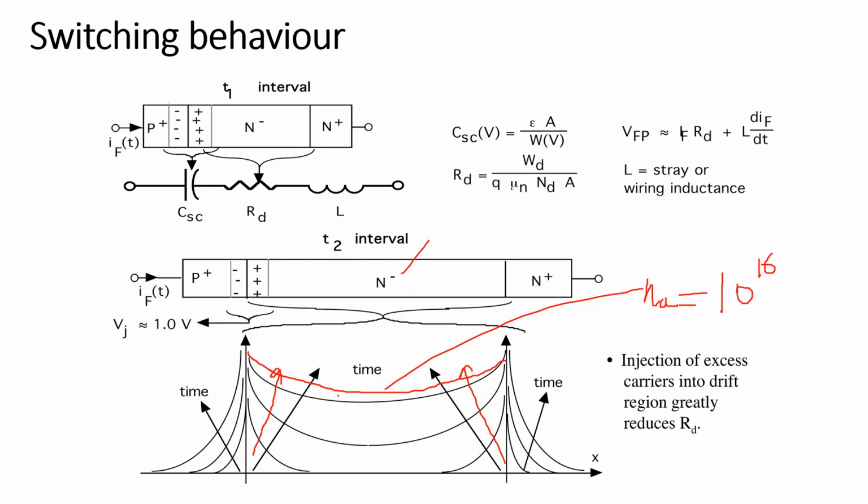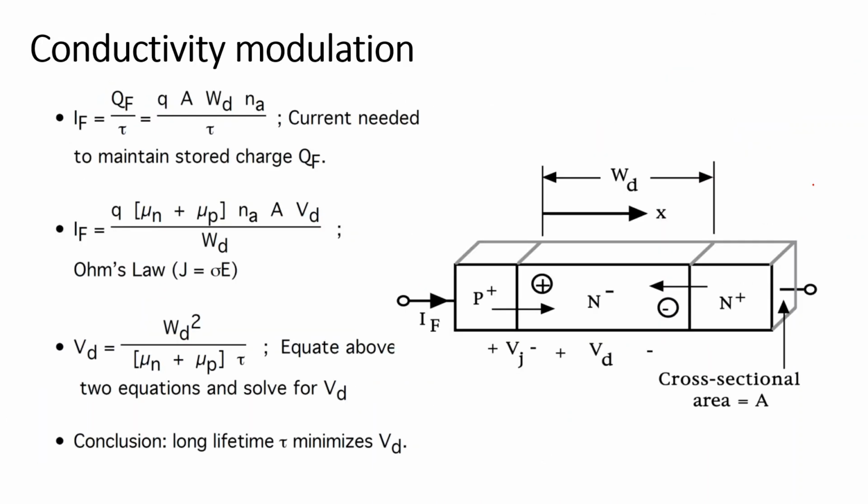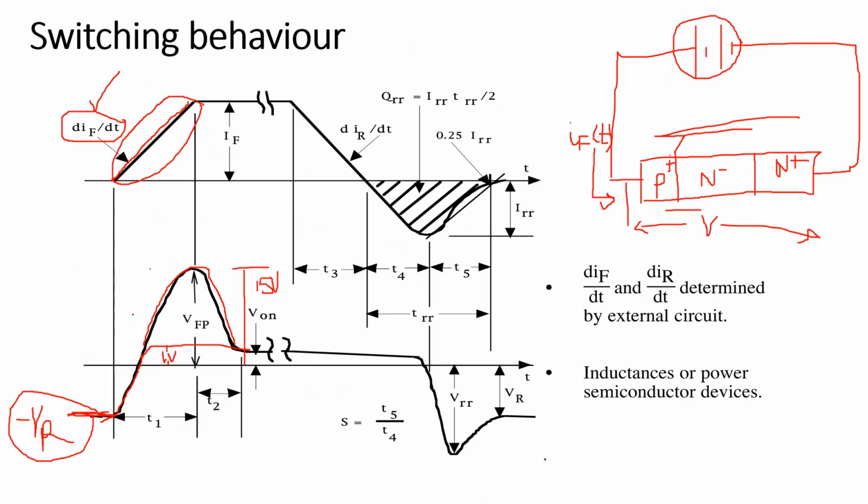Now, when this conductivity modulation has not taken place in the beginning, the Rd is high. Because of which we are getting a high peak in voltage here.